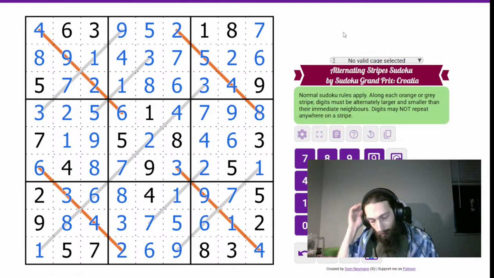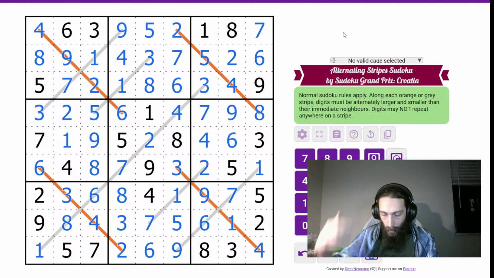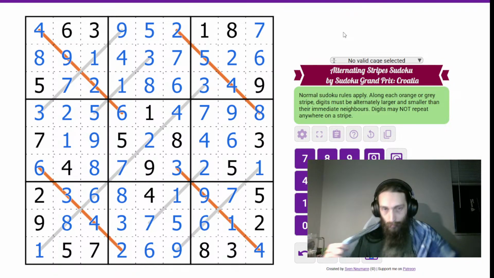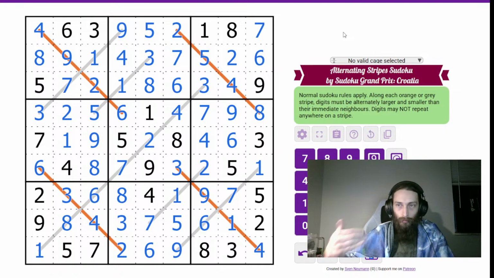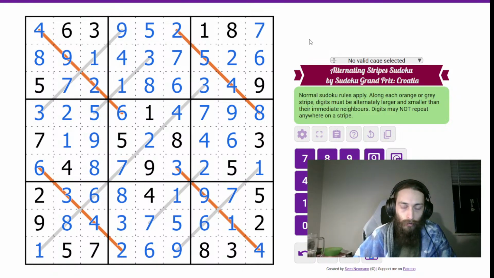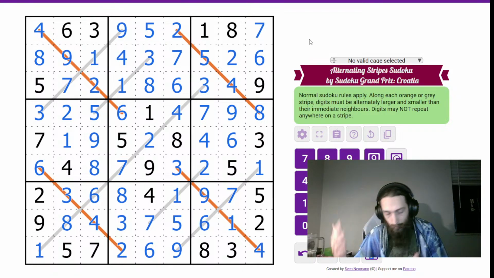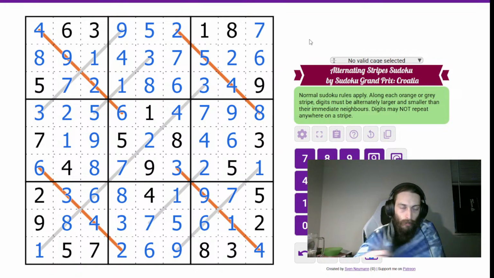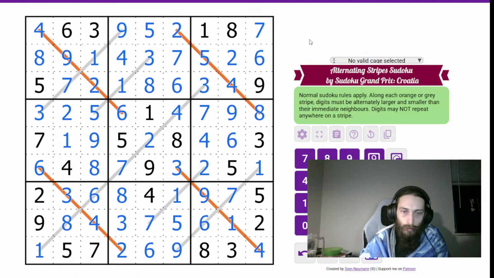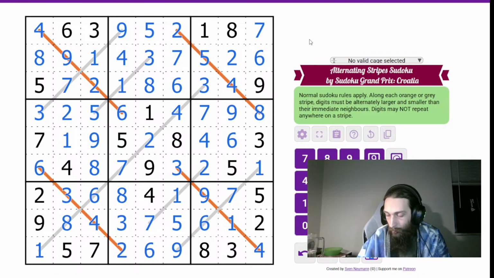Okay. That was hard to keep my head around the rules, but I think that was mostly that I hadn't encountered this rule set before. Not that the rules were necessarily extra complicated. I think it's a tougher rule set, but it's tricky because it's new, is what I'm going to say.